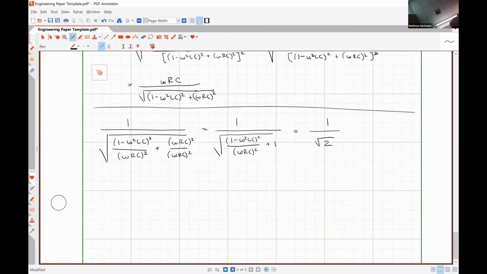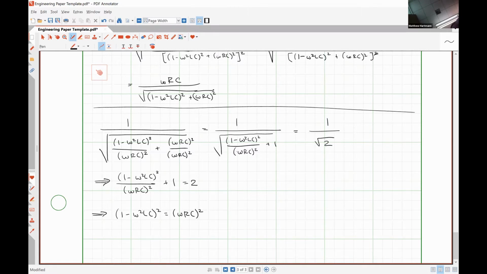So I can say then that 1 minus omega squared LC squared divided by omega RC squared plus 1 is equal to 2, which lets me further write that 1 minus omega squared LC squared is equal to omega RC squared.